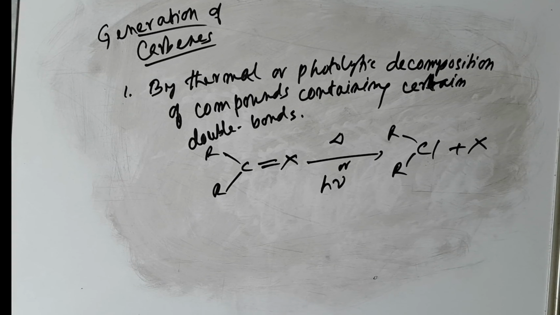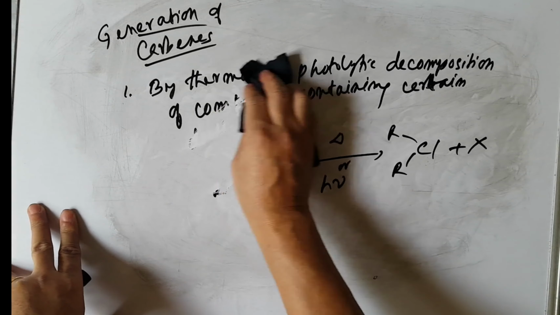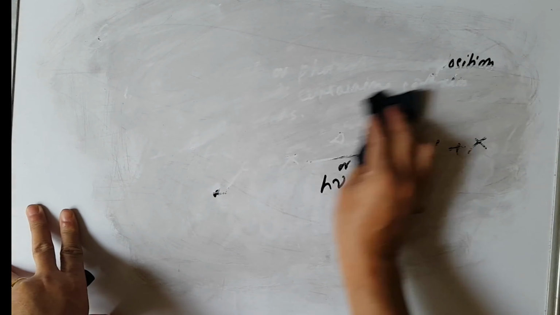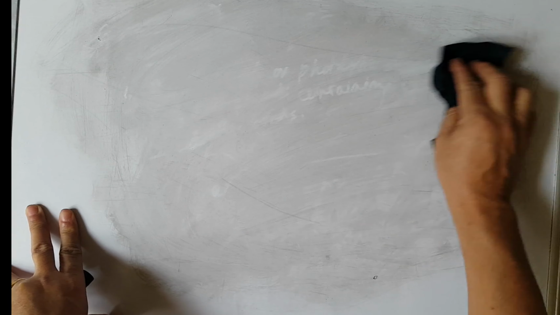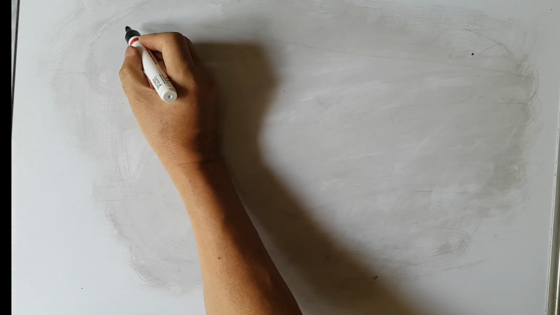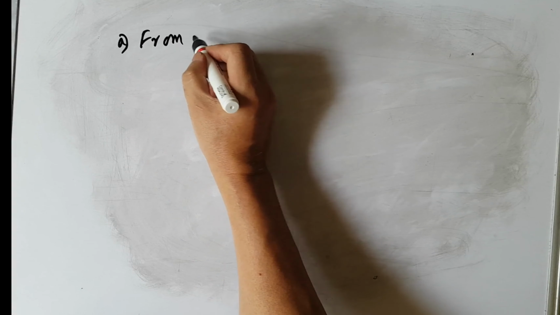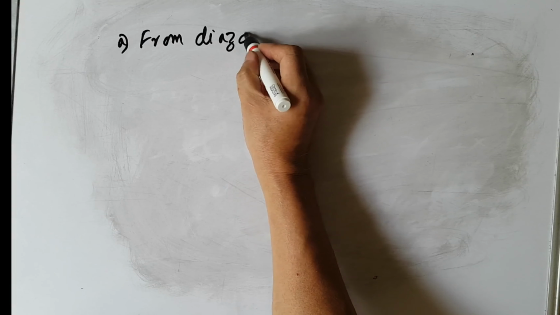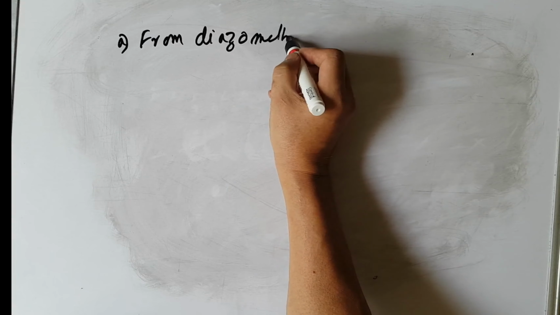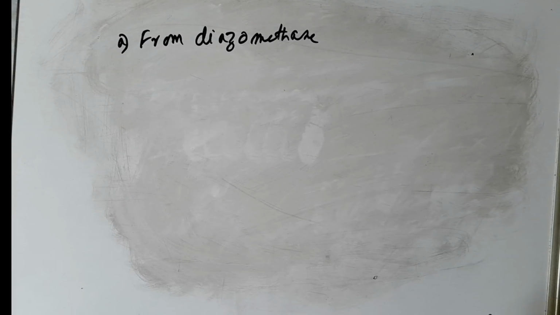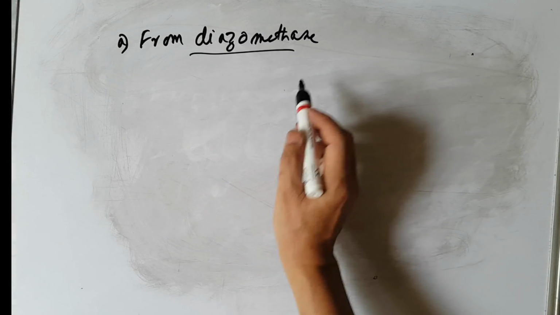I will give some examples. Carbenes can be generated from diazomethane by photolysis or pyrolysis. Under the first type, we have sub headings, like diazomethane, which has a different double bond.